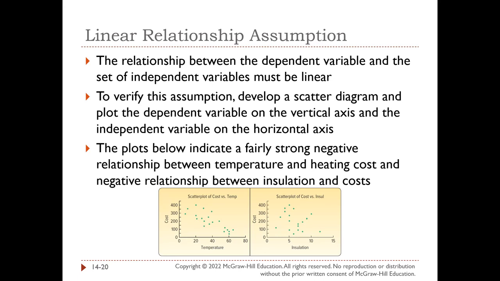First off, the linear relationship assumption. The relationship between the dependent variable and the set of independent variables must be linear. To verify this assumption, we can develop a scatter diagram and plot the dependent variable on the vertical axis and the independent variables on the horizontal, just like we did in Chapter 13. The plots below indicate a fairly strong negative relationship between temperature and heating cost, and a negative relationship between insulation and cost.